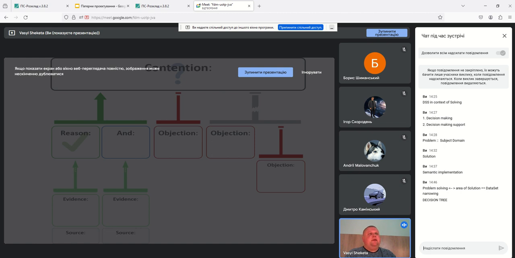So the main idea is that decision making is very much, inside of itself, a thing similar to problem solving.